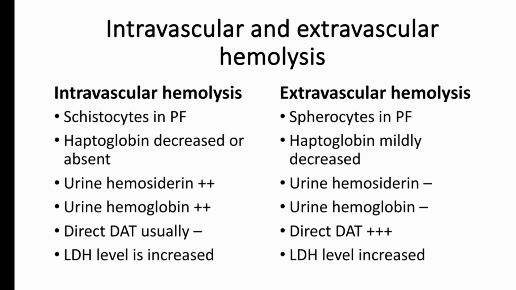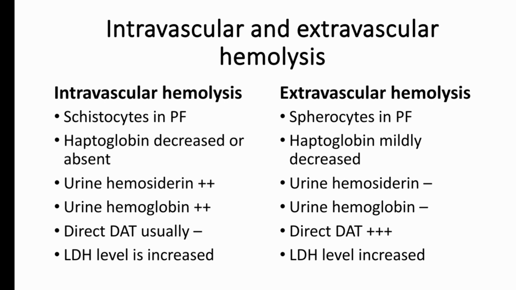This plasma protein haptoglobin will bind the excessive amount of hemoglobin to bring the hemoglobin level to normal. So when it binds the free hemoglobin, its level will decrease in the blood. That's why intravascular hemolysis has haptoglobin levels decreased or even absent, whereas in extravascular hemolysis the haptoglobin will mildly decrease.